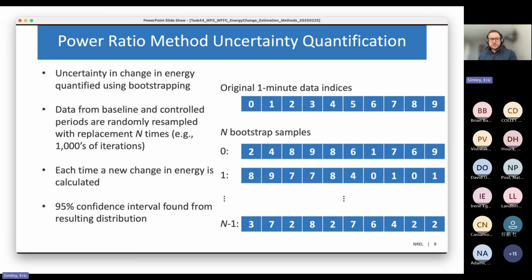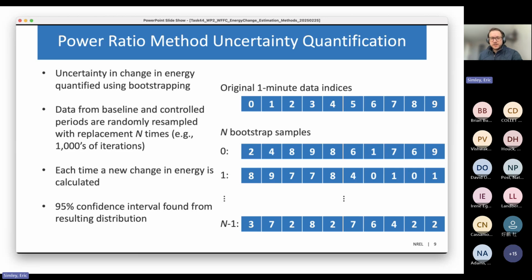And on the right, this is just illustrating what this bootstrapping looks like, what the random resampling with replacement looks like. So say for the baseline data, we have 10 samples, with indices from 0 to 9. Then from our n bootstrap samples, we would randomly resample this data with replacement.